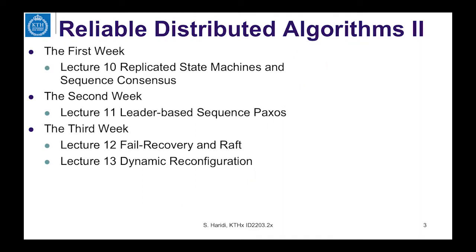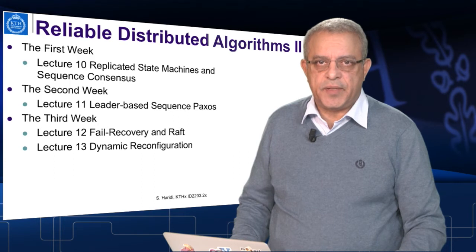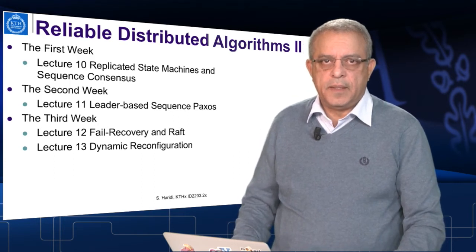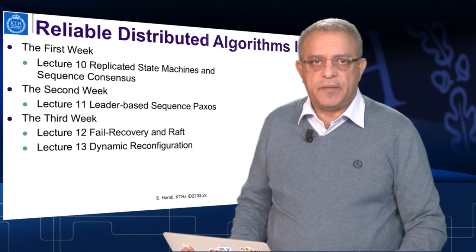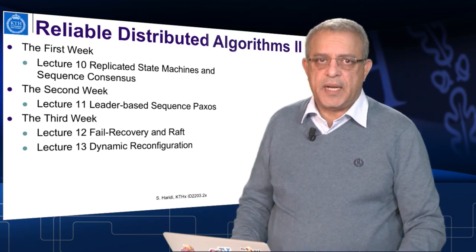In the third week, we are going to have 2 lectures. In Lecture 12, we extend the leader-based sequence Paxos algorithm to work in the fail-recovery model. In this model, correct processes may fail and recover a finite number of times.